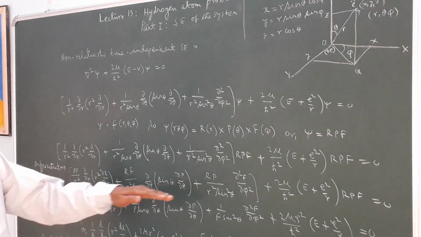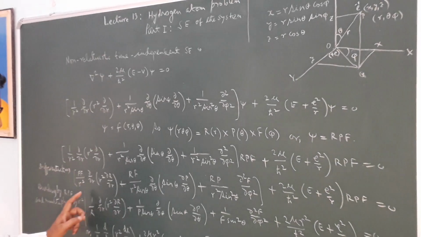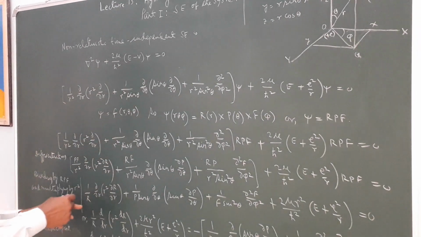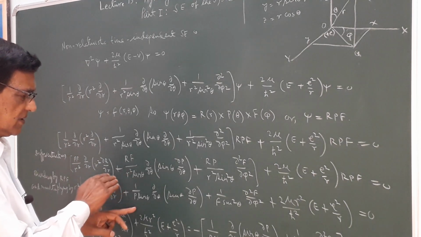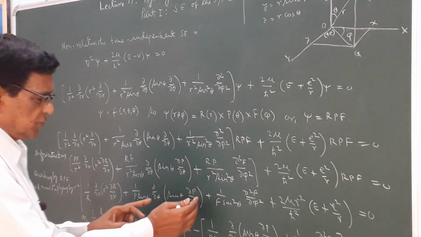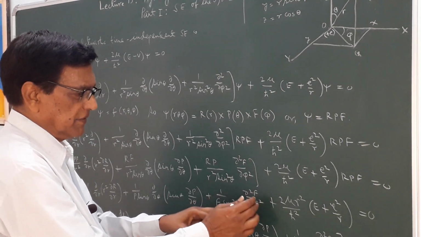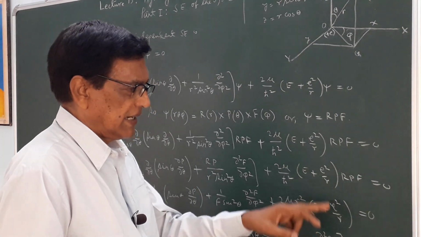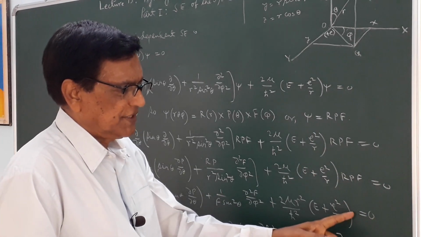Whenever we divide these equations by RPF and multiply by r square, this term only remains 1 by R, and this one, and here P, r square is gone, and RPF also cancels, so P here, and 1 by F sin square theta del square F by del phi square, and here r square is multiplied, and since we divide by RPF, RPF will be absent here, equal to 0.